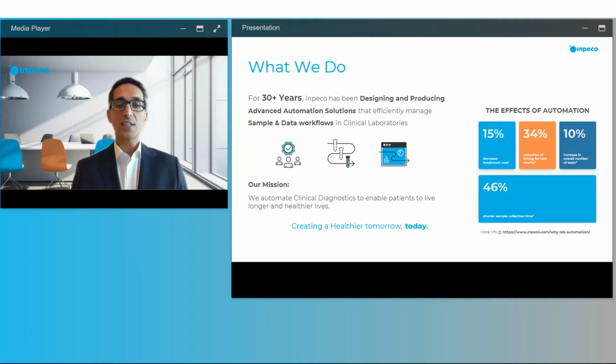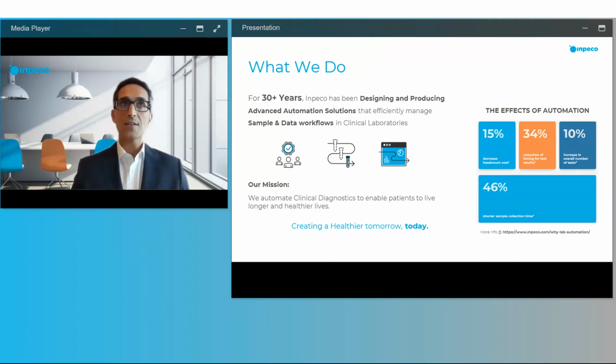But also recent studies on the pre-analytical phase have demonstrated a reduction in the collection time by the implementation of automated solutions for specimen collection, such as the one that Inpeco developed a few years back, called ProTube. So really our mission is to automate clinical diagnostics to enable patients to live longer and healthier lives.